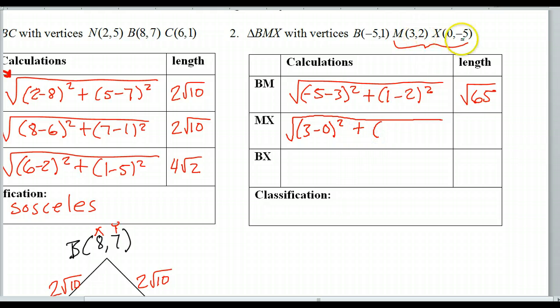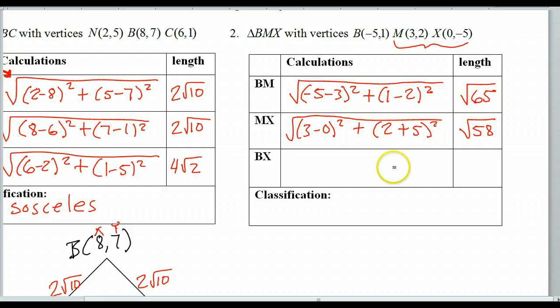Then I'm going to do y minus y. So that's going to be 2 plus 5 squared. Again, I'm adding 5 because that's what happens when you subtract a negative number. 2 minus negative 5. Minus negative is addition. So put that in your calculator. Radical 58.